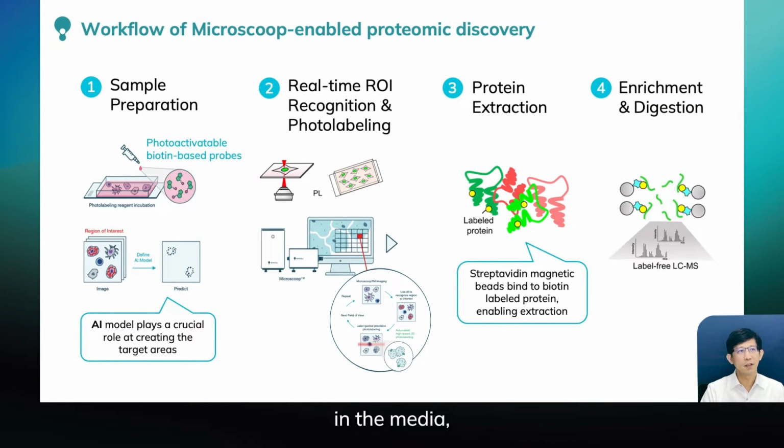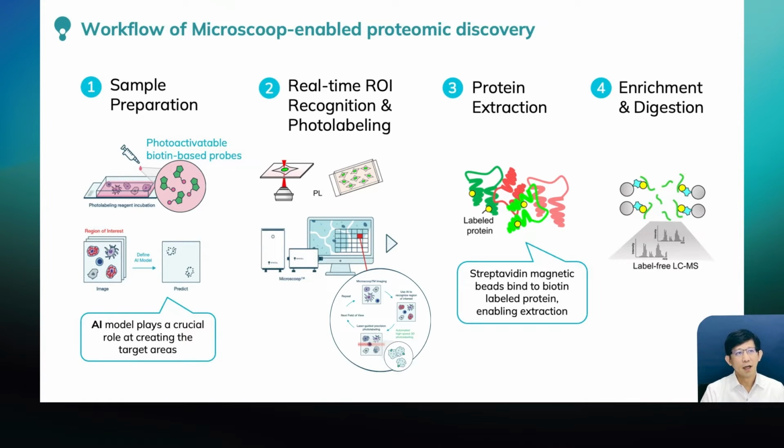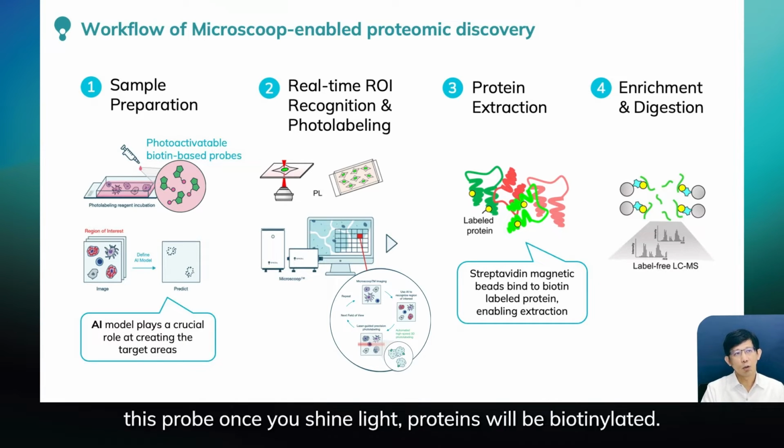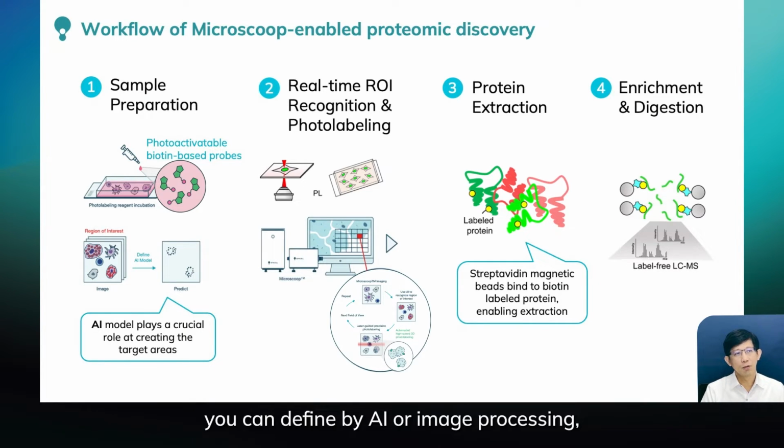On the methodology side, you basically put this photoactivatable biotin probe in the media. Within this sample, once you shine light, protein will be biotinylated. So you have to determine the location you're interested in. In the lower left corner, you can see if you are interested in this red compartment, you can define it by AI or image processing.